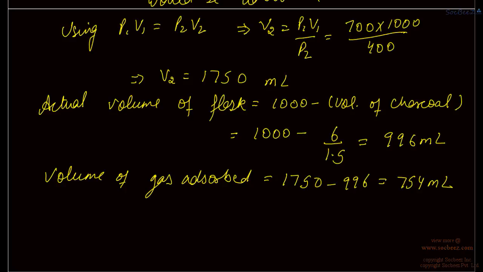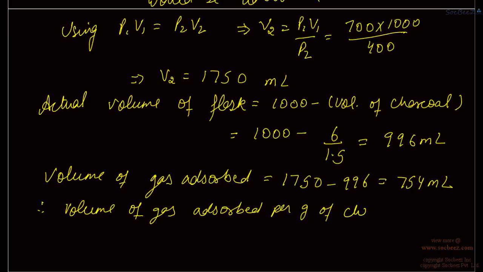Now, the volume of gas adsorbed per gram of charcoal equals volume 754 milliliter upon mass, which is 125.67 milliliter per gram.